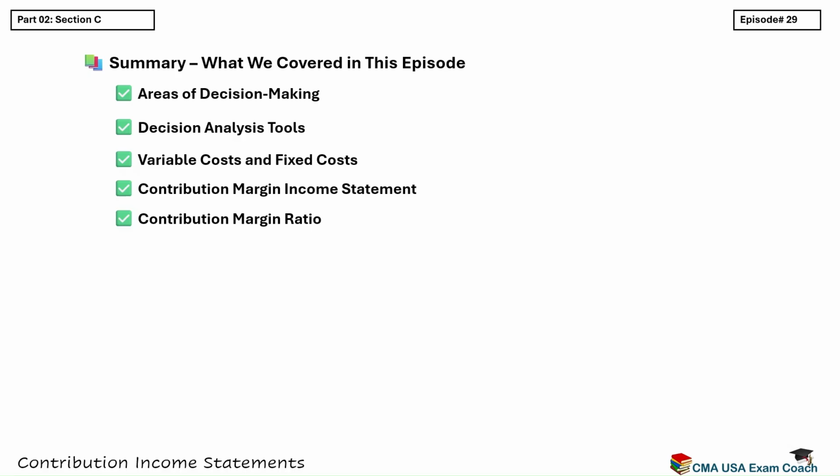We saw how this income statement format separates variable and fixed costs, helping managers understand how much revenue contributes to covering fixed costs and generating profit. Fifth, contribution margin ratio, CMR. Finally, we learned how to calculate the contribution margin ratio, which shows the percentage of each sales dollar available to cover fixed costs and profit, aiding in pricing and profitability analysis.